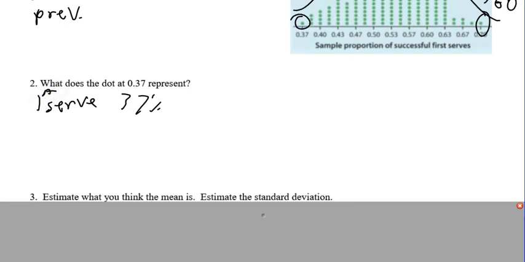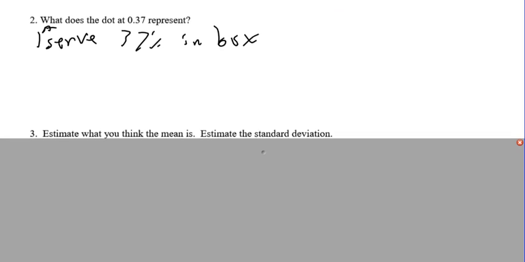So first serve, 37% in the box. Okay, so that would be the worst case scenario. So this normal distribution went anywhere from 37 to 70% in the simulation. This also only had a 1 out of 60 chance. So if it was just blind luck and the coaching had nothing to do with it, he could have had a 37% chance in the box. But he didn't. He had 70.